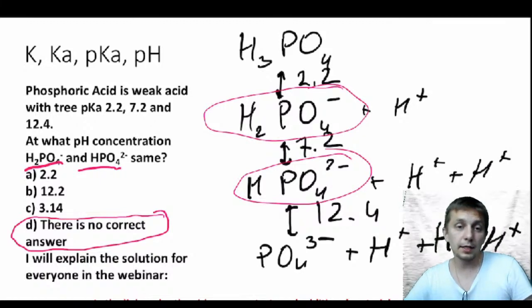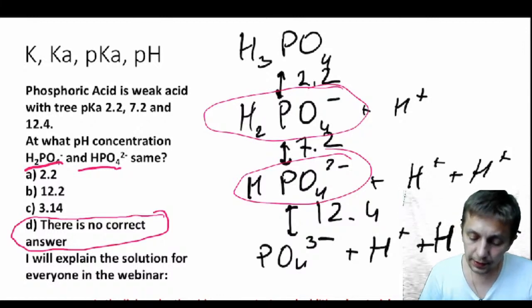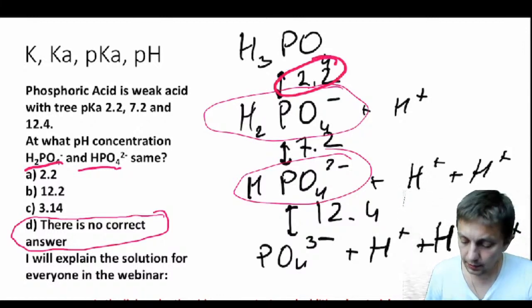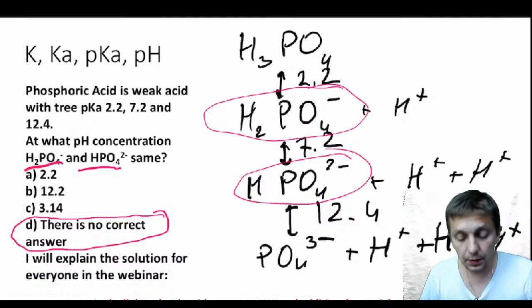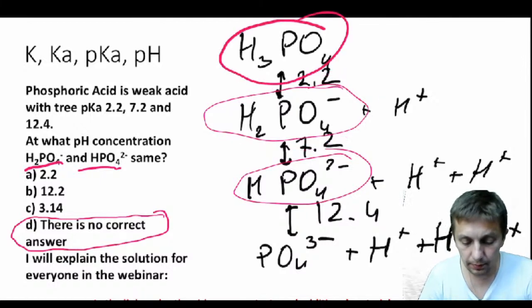It's like phosphoric acid, like citric acid. You must write each form and mark the equilibrium point.